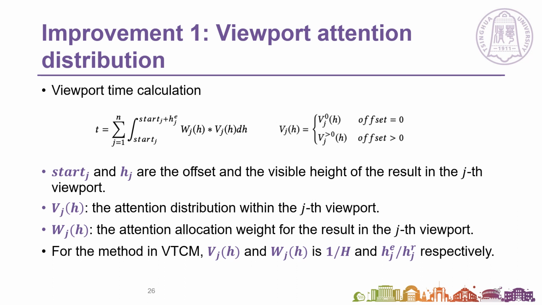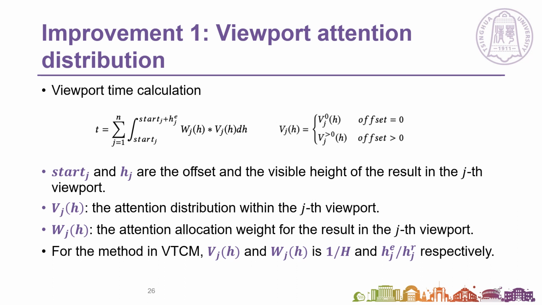In this paper, we first try to incorporate the patterns of viewport attention into the calculation of viewport time. In the original VTCM, the attention is considered to be equal within the viewport. Here, we take the viewport offset into consideration, as shown in the right equation. There are two conditions: when the viewport offset is 0 and when it is larger than 0.